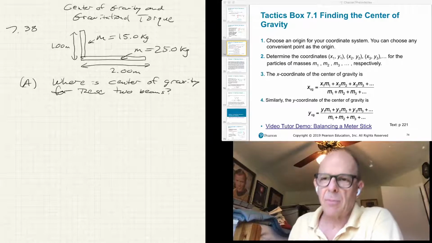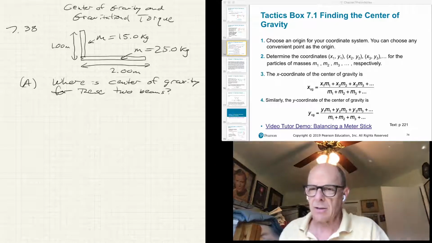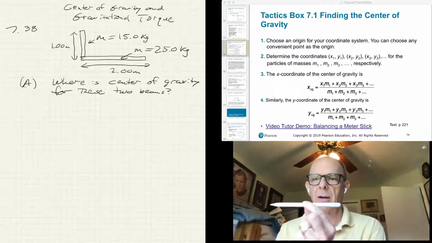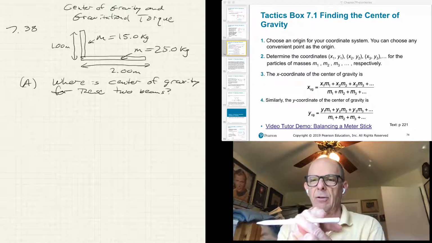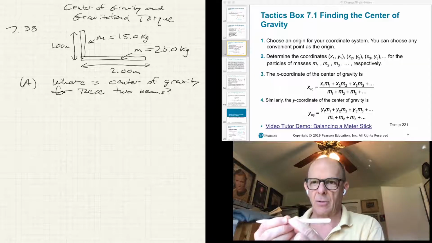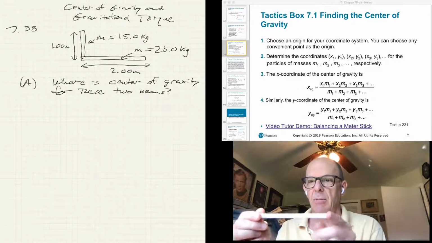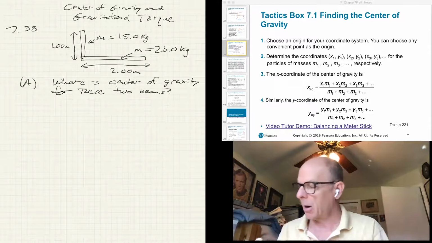To answer this, we need to remember first that the center of gravity for a uniform object is at the geometric center of that object. So again, taking my pen, if we ignore the tip here, if this is uniform distribution of mass, then the center of gravity will be at the geometric center of it, just exactly halfway across this bar.